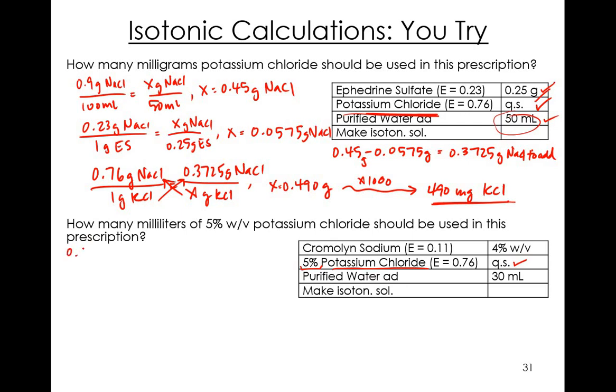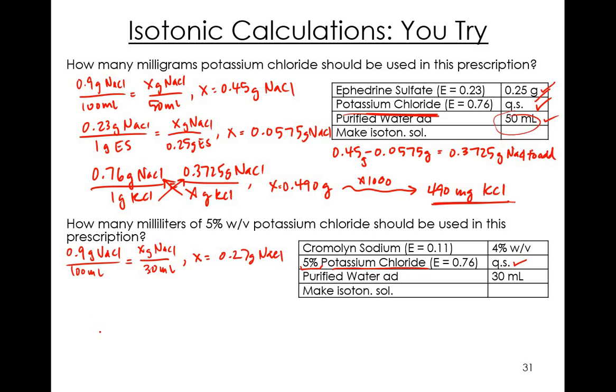So the isotonic concentration of sodium chloride is 0.9. And so how many grams NaCl would be needed to make 30 mils isotonic? And the answer there is 0.27 grams of NaCl.